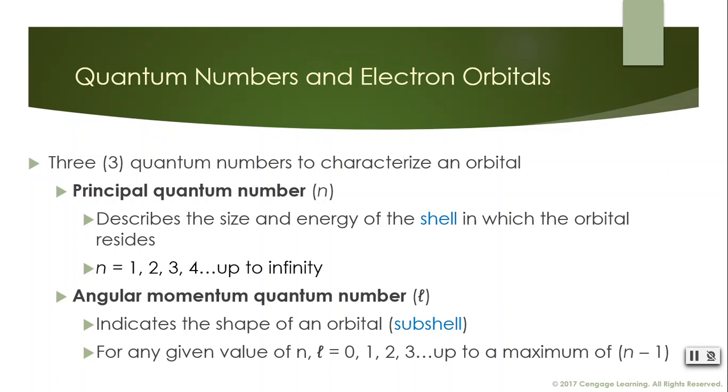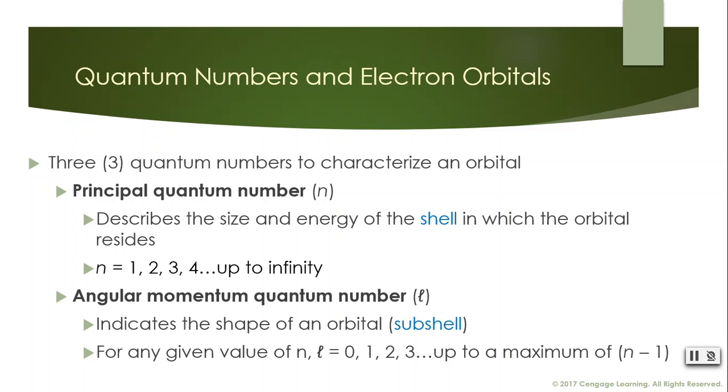It's given by the variable n. Think about this principal quantum number as synonymous with the energy of an orbit in a Bohr model. In the quantum mechanical model, the principal quantum number describes the size and energy of the shell, that region of space, for an electron.